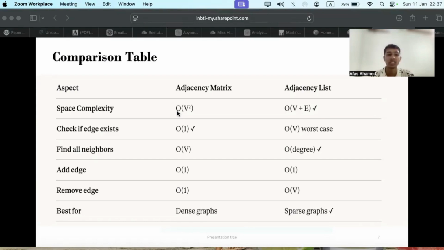So adjacency lists are more commonly used in practice than adjacency matrices, especially in large systems like social networks and web pages. So this is all about the comparison part. I hope you got a clear understanding of adjacency list and adjacency matrix, their differences and what works well.